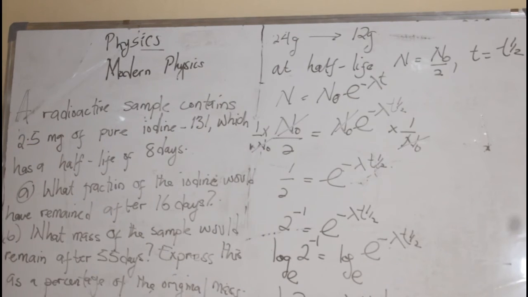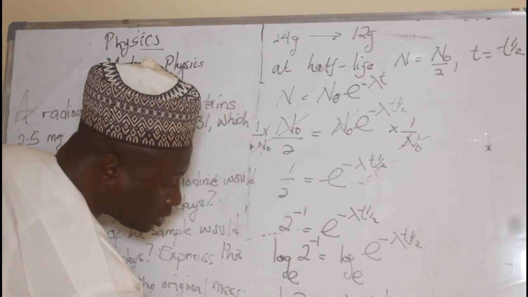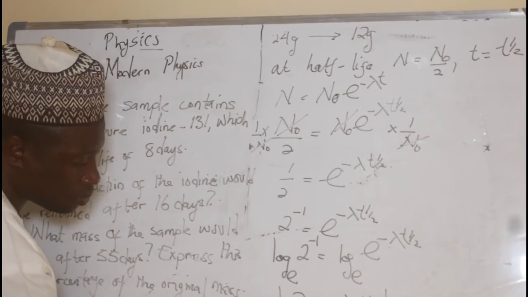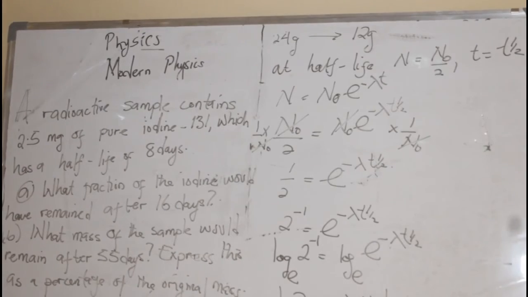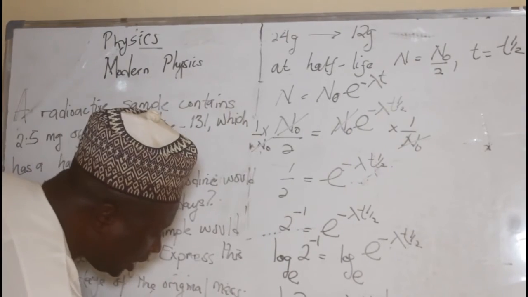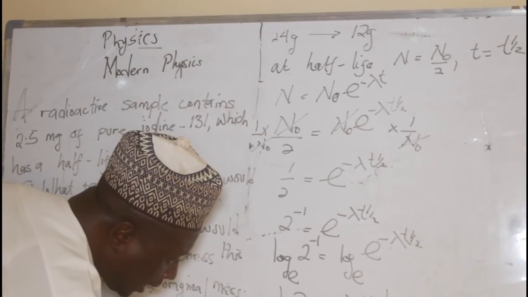So that means I have only minus lambda T half, because I have minus ln 2 equals lambda T half. Is that true? So T half will be equal to ln 2 all over lambda.